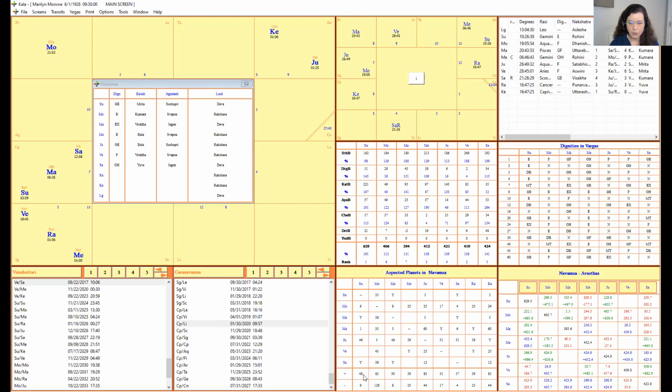It's getting helped by Jupiter. The sun is, in Ashtakavarga, getting helped by moon, by Mars, by Jupiter. It's getting hurt by Venus and by Saturn. And we see that there are no Rashi aspects from other planets taking place here.